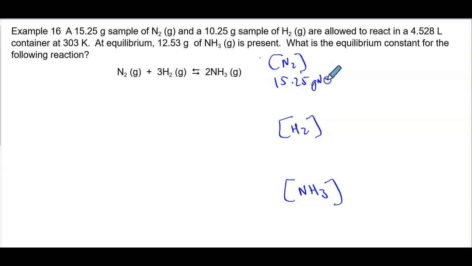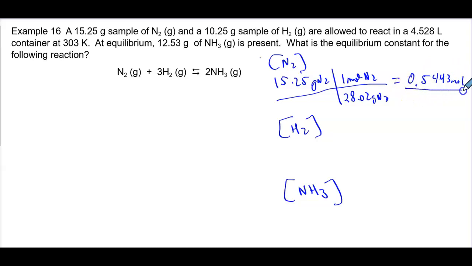So we're going to take 15.25 grams of N2, and we know from the periodic table there are 28.02 grams of N2 for every 1 mole of N2. So if I take 15.25 and I divide by 28.02, I'm going to get, with 4 sig figs, 0.5443 moles.